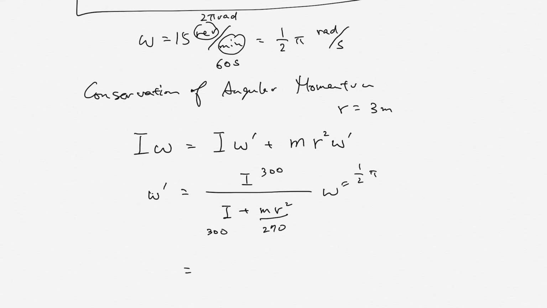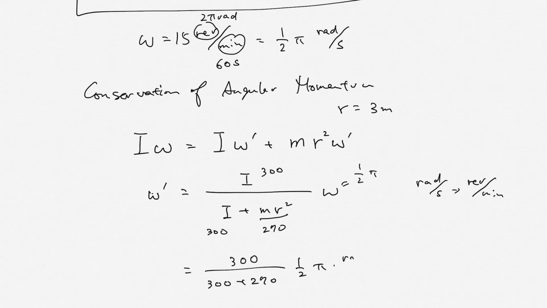And then you also convert from radian per second to revolution per minute. So you can just substitute all the numbers: 300 over 300 plus 270, times 1 over 2 pi radian per second.